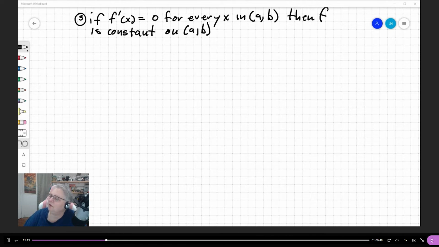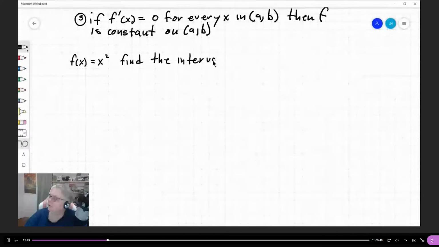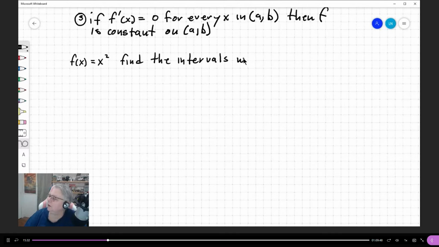All right, so let's take the function f of x equals x squared. We know what that looks like. I want to find the intervals where f is increasing and decreasing.